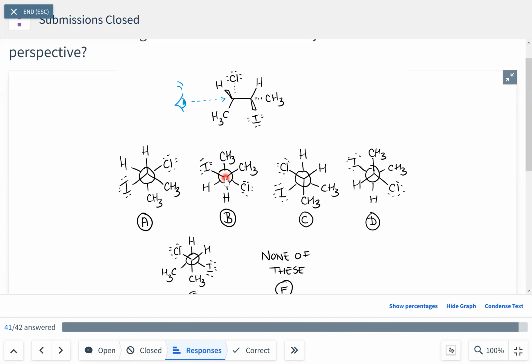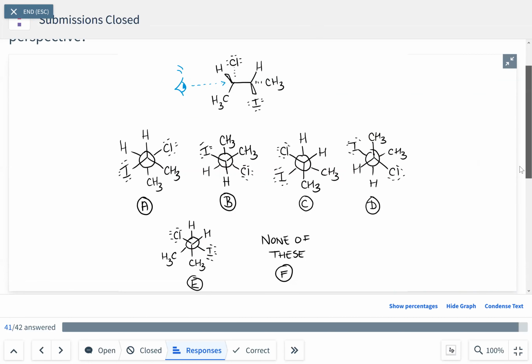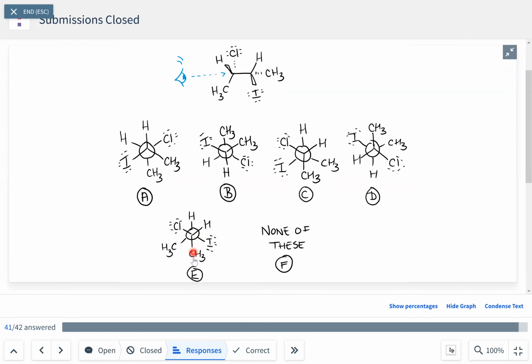On conformer B, we've got something pointing straight down, but in this case it's an H. It's not a methyl group, so it should be a CH3, so it can't be B. C here, we've got a group pointing straight down, and that is a methyl group, so it could be C. In D, the methyl group's pointing straight up, so it won't be D. And in number E, of course, there is a methyl group pointing straight down. So from what we've got right now, it should be either C or E. These would be the two possibilities.